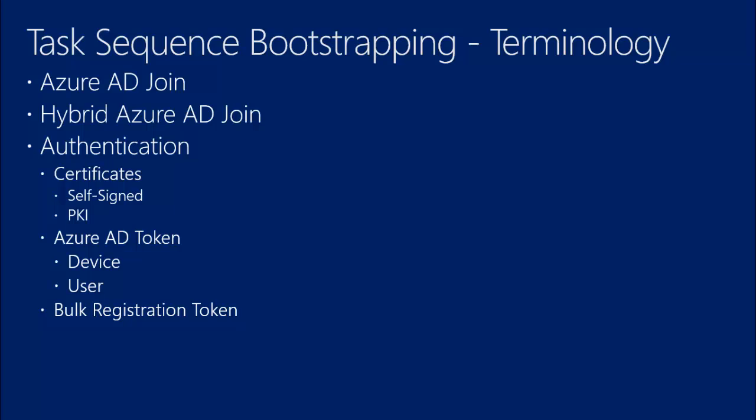So one thing I'm not talking about in this session other than right here is that in Configuration Manager 2002, there is a new mechanism by which clients will receive a token and be able to renew that token through the management point automatically. You don't have to do a thing. And then when they move off-prem and communicate with the Cloud Management Gateway, they have that token. They can authenticate. The bulk registration token really comes into play if you're installing the client from the internet when it's not on-prem.